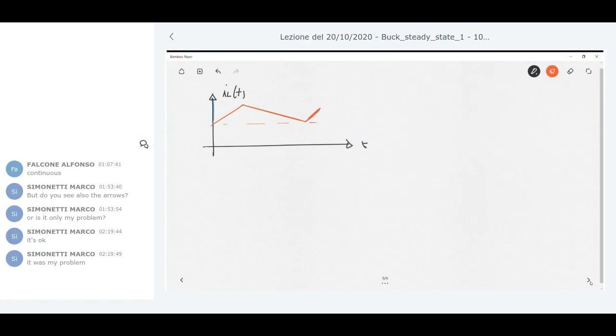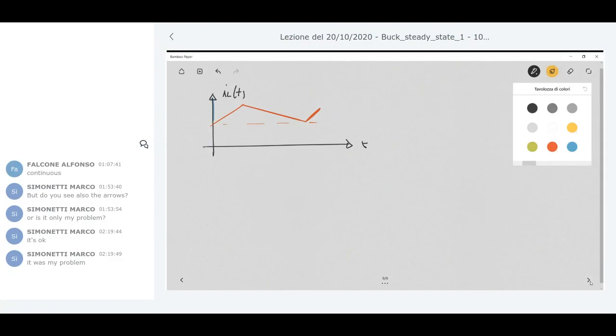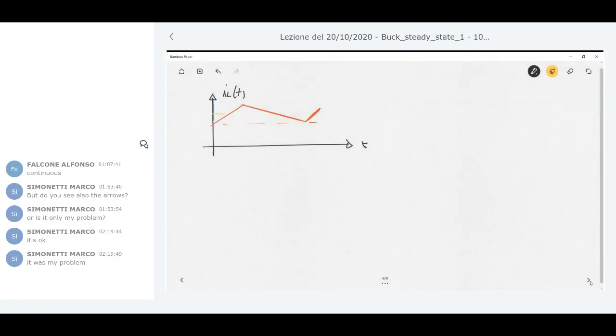As you can see here, the current through the inductor has a ripple. The ripple is the variation you can have superimposed onto an average value. You have this variation here. So the small ripple approximation is defined just for the output voltage, and this somewhat simplifies the analysis we'll learn in a few moments. But the other quantities have ripples.